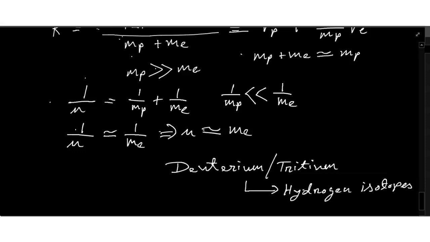Treating the nucleus as stationary becomes an increasingly good approximation. Overall, this is a helpful way to conceptually think about the problem, but it is technically not quite correct, because although the proton mass is much larger than that of the electron, it is not infinitely larger.